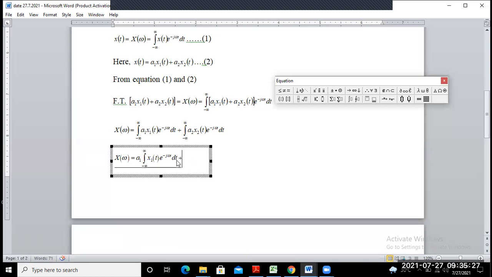Similarly, we can write for the second term. That means here also take the constant term a2 outside the integration.